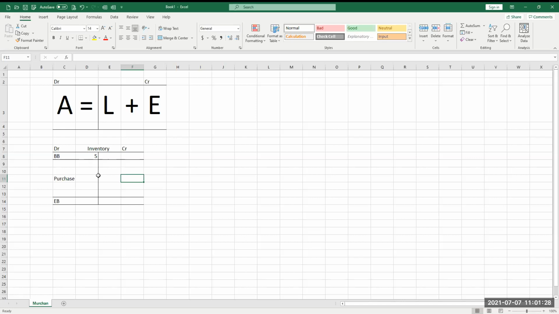Whatever I purchase comes on the debit side. Any pluses, any additions, are going to come on the debit side. On this side, I'm going to have anything which is negative or minuses. Every time I take out from this account, it's going to be minus, correct? Correct.